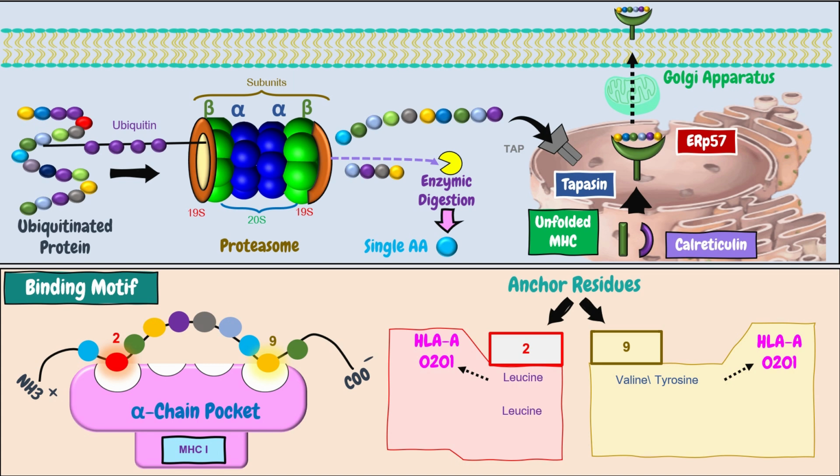Similarly, leucine at position 2 and lysine at position 9 are anchor residues of peptides which bind with high affinity to HLA A3. Similarly, leucine at position 2 and proline at position 9 are anchor residues of peptides which bind with high affinity to HLA-B7. Peptides with a different amino acid in these positions may bind, but with a lower affinity.